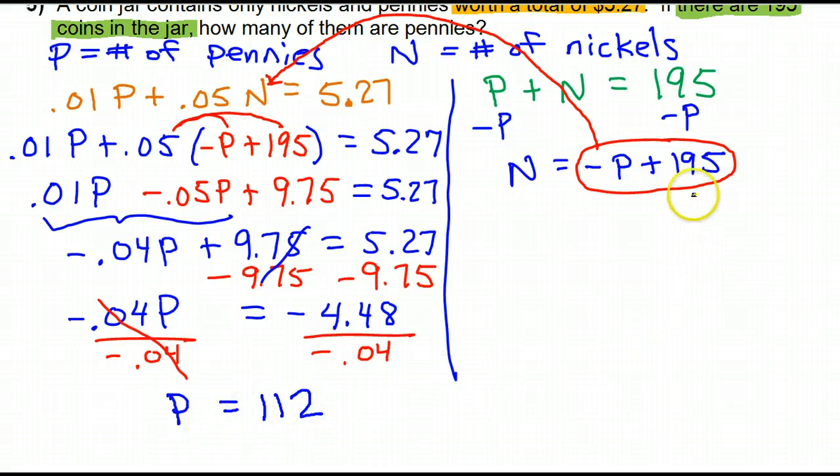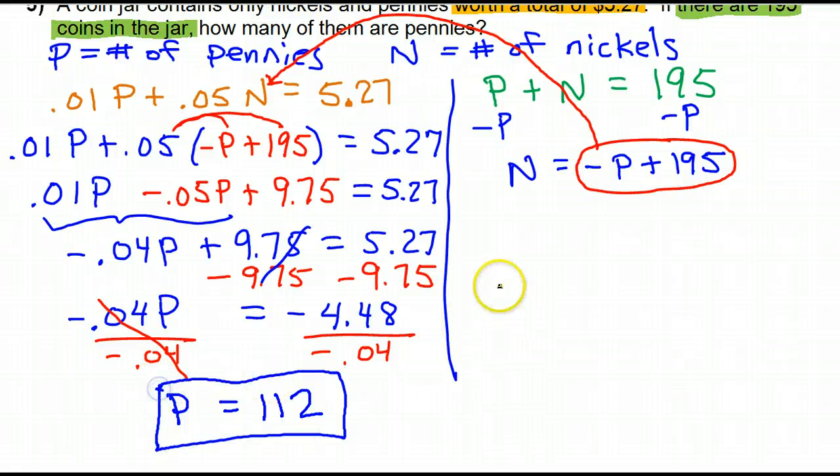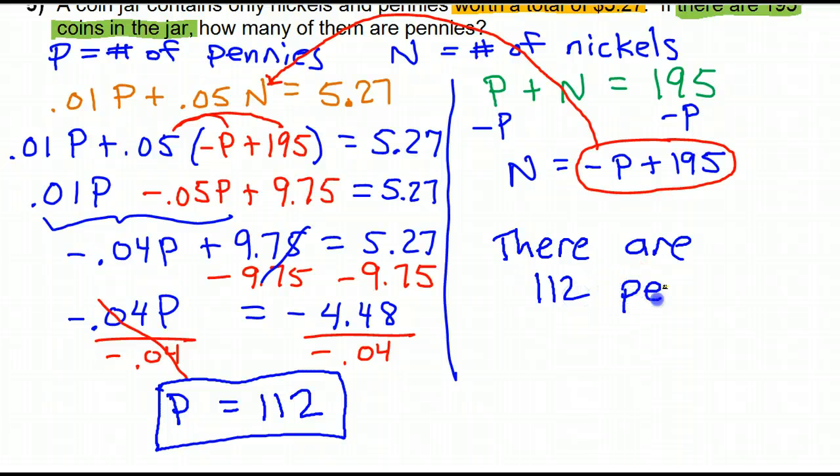So of the 195 coins, 112 of them are pennies. And don't forget to put that back into words like this: there are 112 pennies.